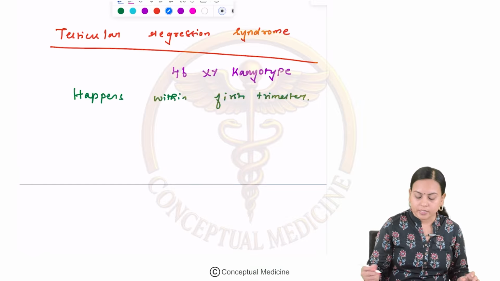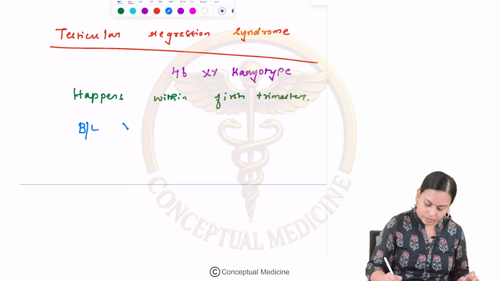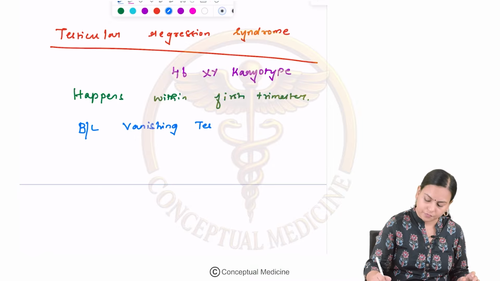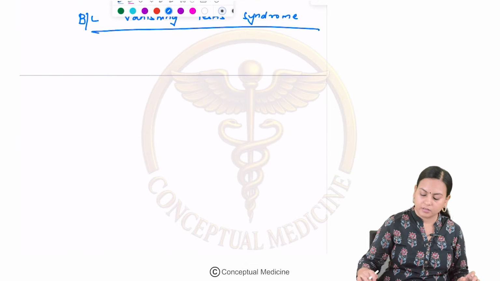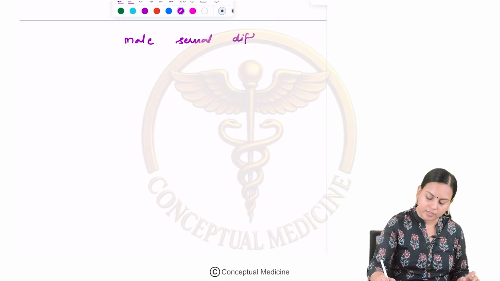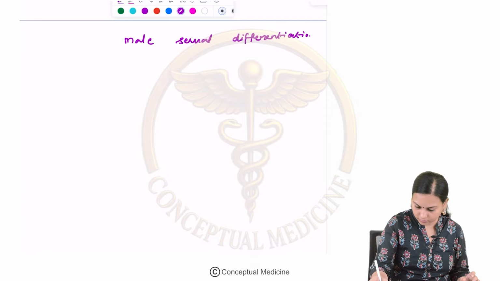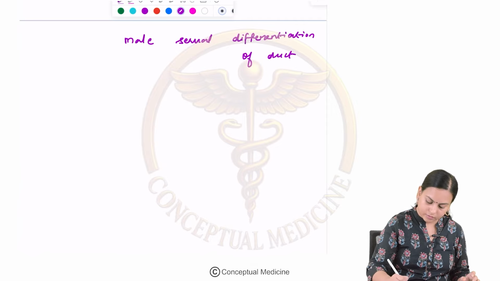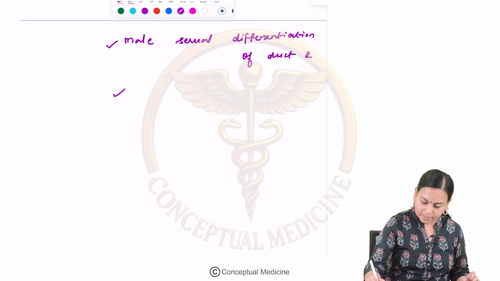This is also known as bilateral vanishing testis syndrome, where there is male sexual differentiation of duct and genitalia as well.